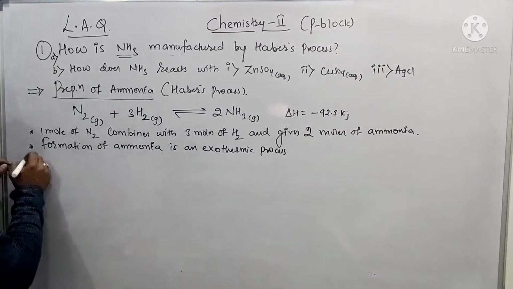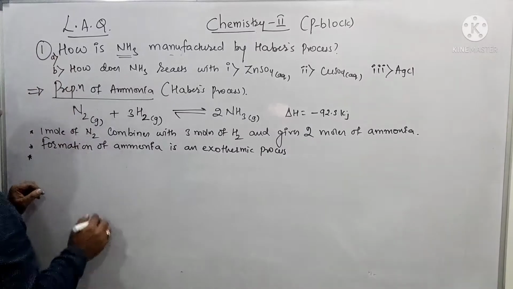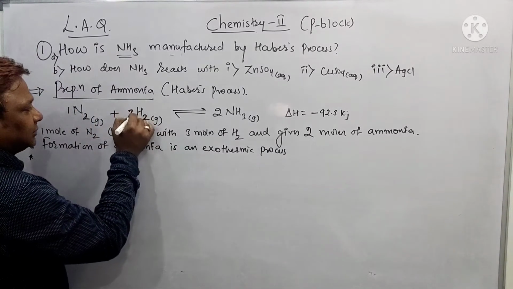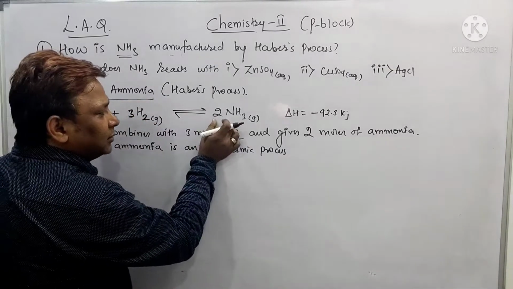Now the third point I should write here. Formation of ammonia is exothermic. Third point: nitrogen, how many moles? 1. Hydrogen, how many moles, beta? 3. 1 plus 3, how many? 4. How many moles of ammonia? 2.